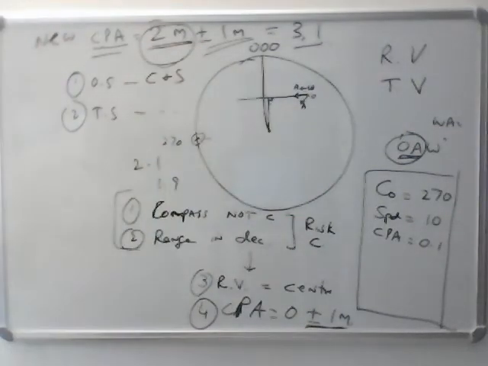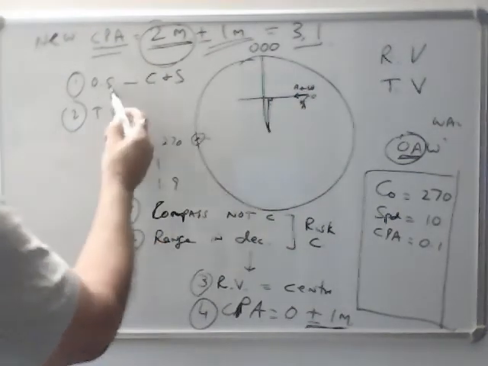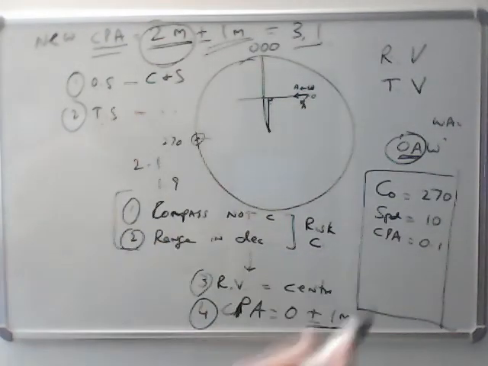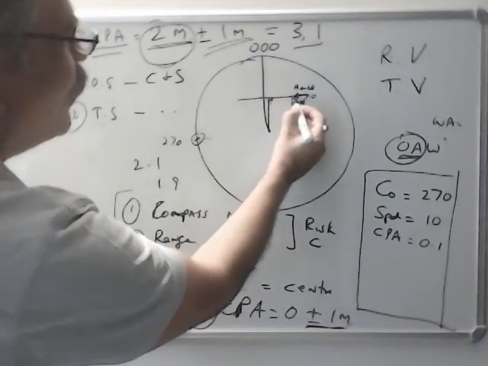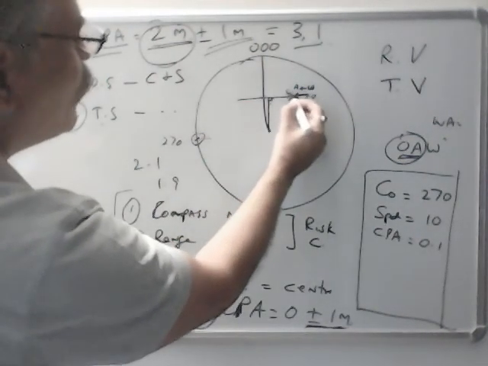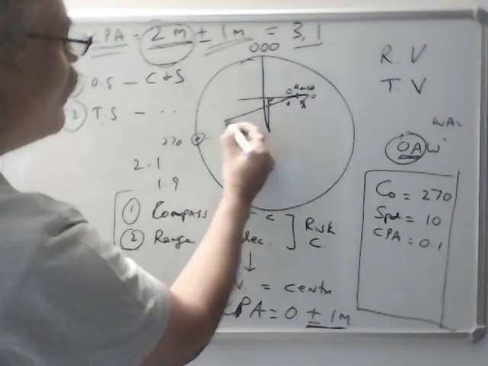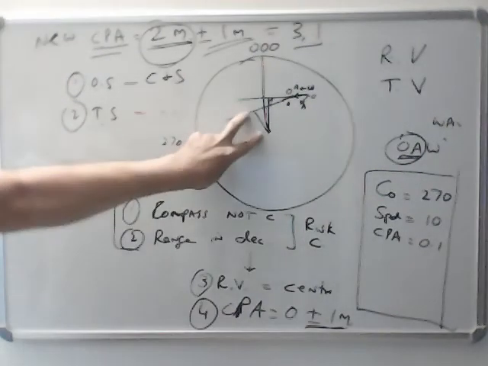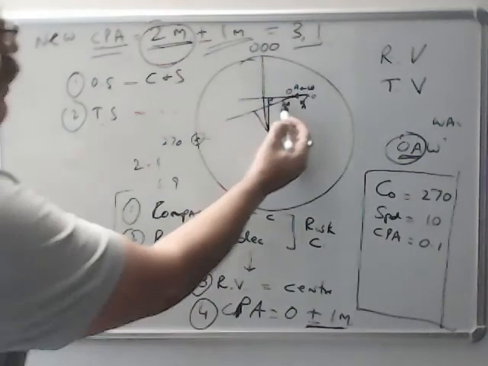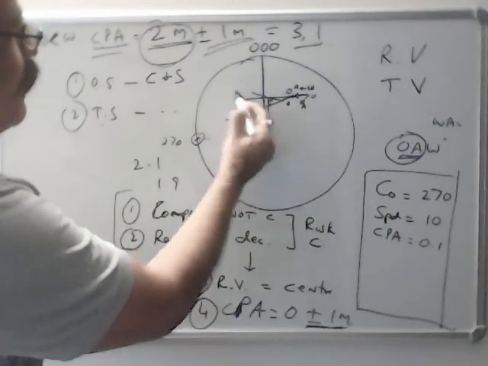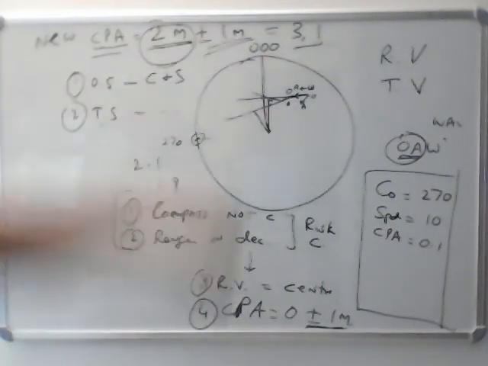Suppose after some time, since your own ship and target ships are not following exactly the same course, it might calculate a new OA. In this case, O and A might come here. And if you produce this and drop a perpendicular, this will be the new CPA after 1 or 2 minutes. And later, this OA might turn out to be like this. You might get another CPA. So that is the error in CPA, finally plus minus 1 mile.